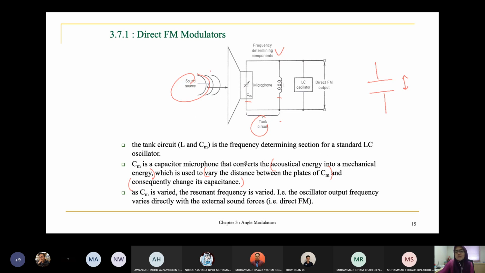When Cm is varied, the resonant frequency is varied. So this is what happens in a direct FM modulator, and this is how it changes the frequency of the carrier signal to follow the modulating signal.